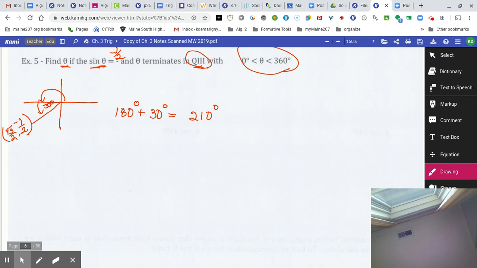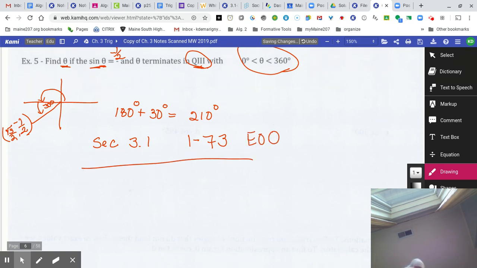So once you get this packet that's scanned 3.1 out of the new packet, you will see at the bottom of the page I have noted the sections. So they are listed by section now. So you'll see section 3.1, and we're going to do 1 to 73, every other odd.